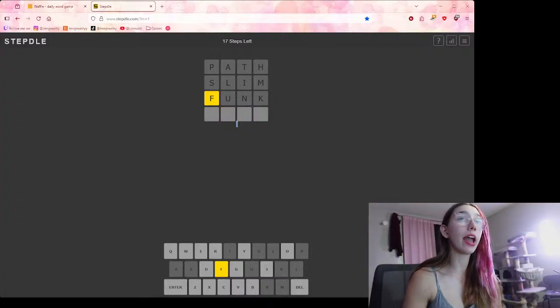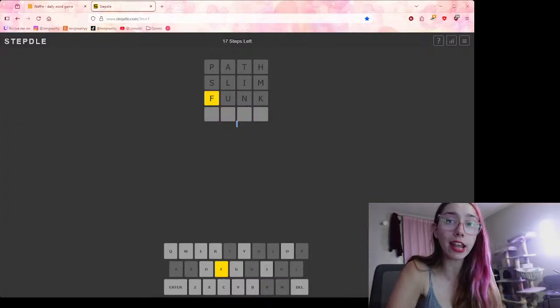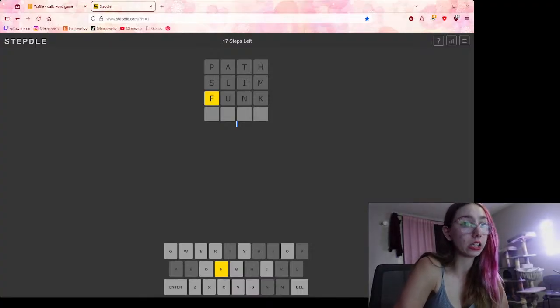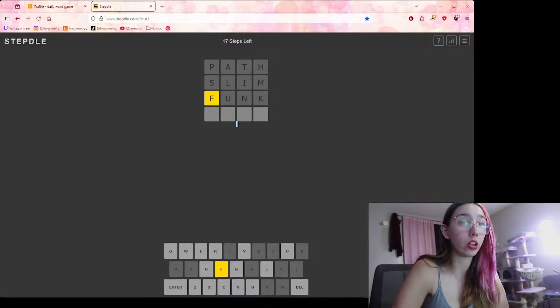Okay, I need a 4-letter word that has an F in it, but it doesn't start with F, and the only other vowels that could be in it are O and E. I genuinely have no idea. What could this be? All I can think of is surf or buff, but that's not gonna work. What could it be?